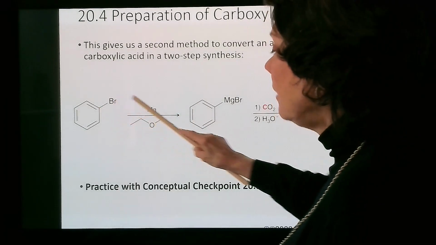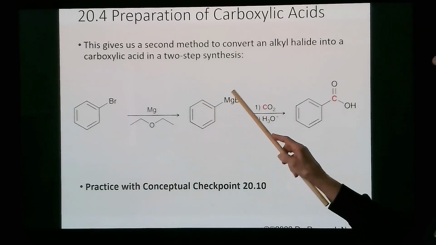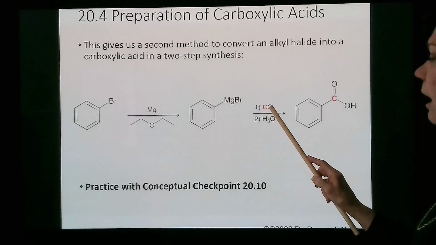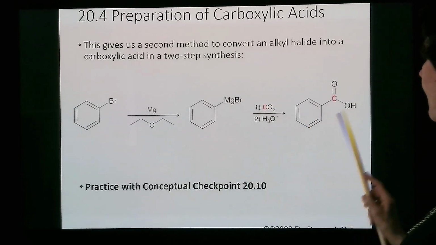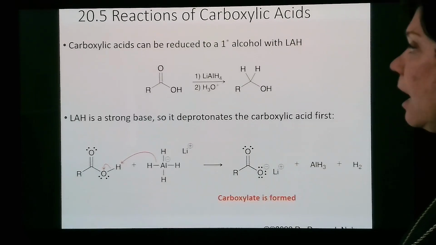So you start with an alkyl halide, treat it with magnesium in ether. You have the Grignard reagent. The Grignard reagent then reacts with carbon dioxide to give you the carboxylic acid, just as you saw on the previous slide.